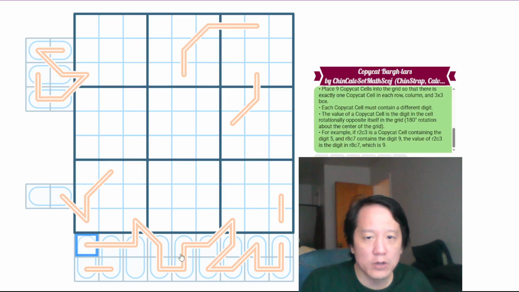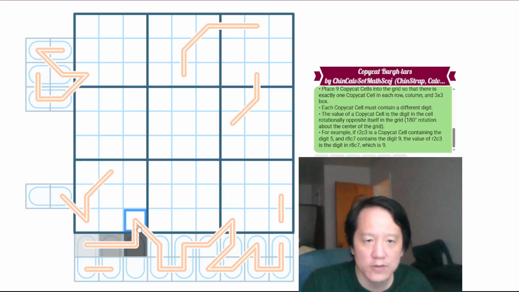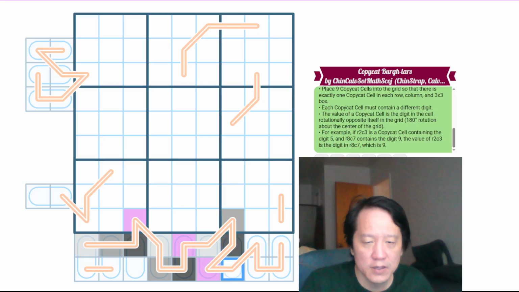So we're going to make it light, medium, dark, and pink for the colors. Light, medium, dark, pink, light, medium, dark, pink, light, medium, dark, pink, and this is light.